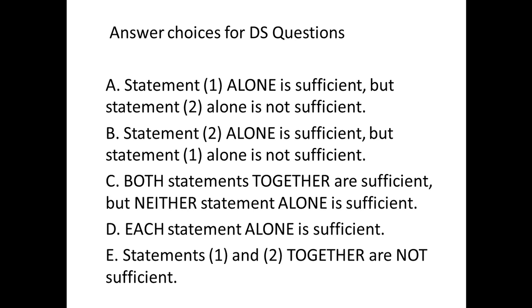B says statement 2 alone is sufficient but statement 1 alone is not sufficient. C is both statements together are sufficient but neither statement alone is sufficient. D is each statement alone is sufficient, and E is statement 1 and 2 together are not sufficient.